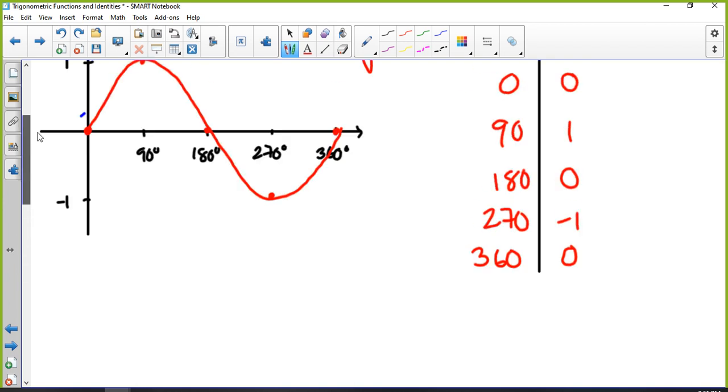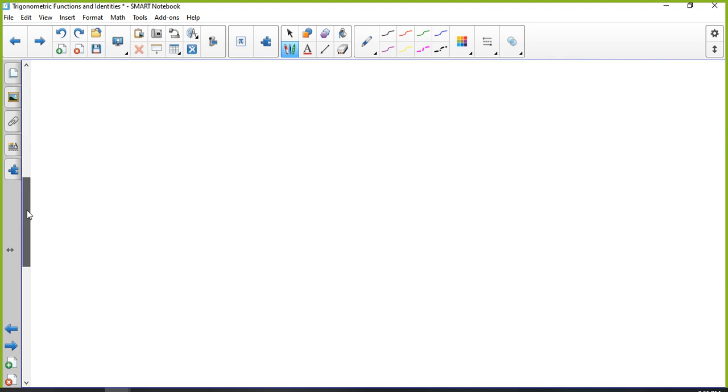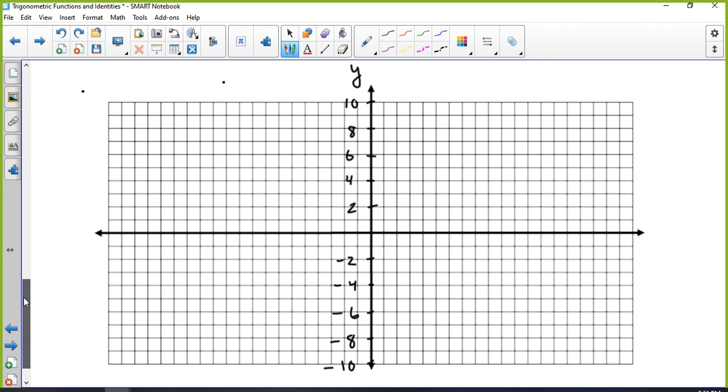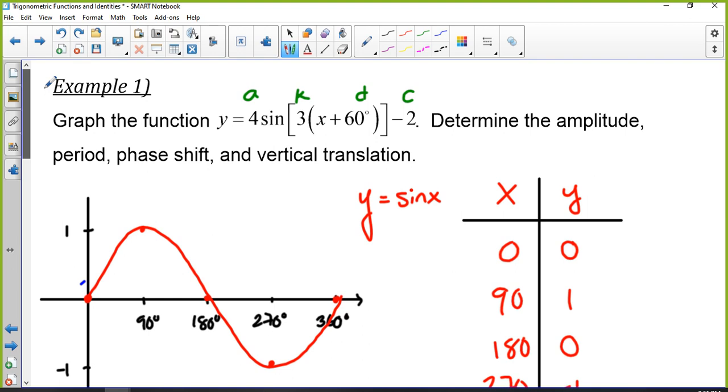Just make sure I have everything right. Now my x-axis, I'm going to scale them. I'm going to try to make as much use of this as I can.